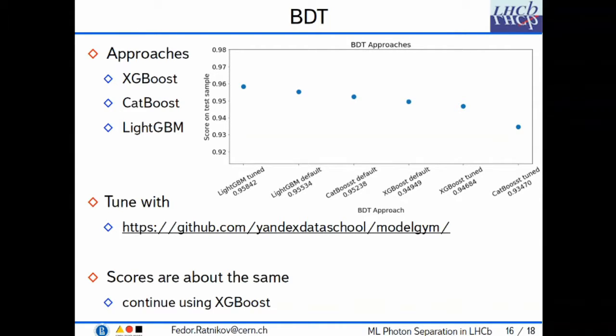That tells us that we are somehow at the extreme. So this quality is more driven by our system than by the particular machine learning approach or tool we use. So we continue with XGBoost.